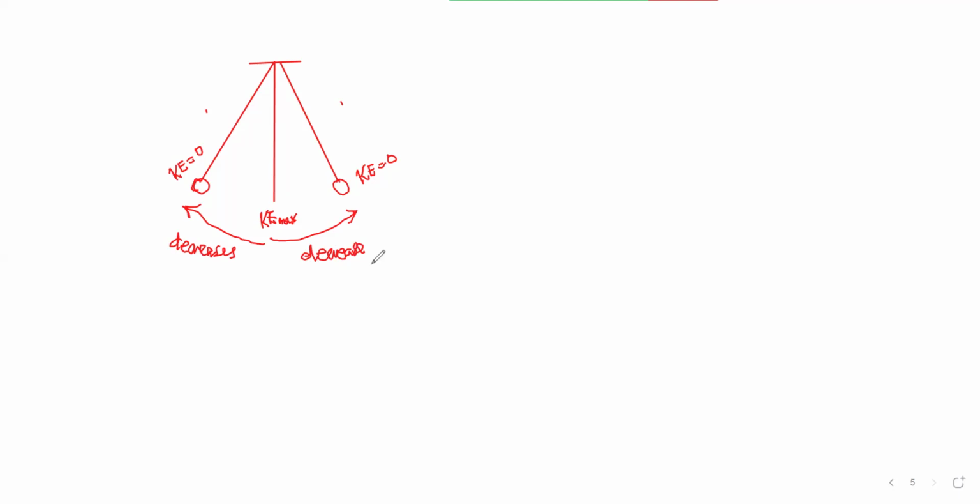If we are returning from the extreme to the mean point, would KE increase or decrease? Class, if we are returning from the extremes, would KE increase or decrease? Increase. So this will be the increasing direction.